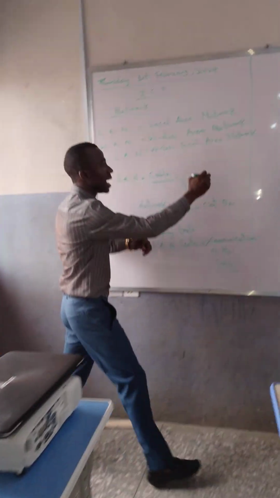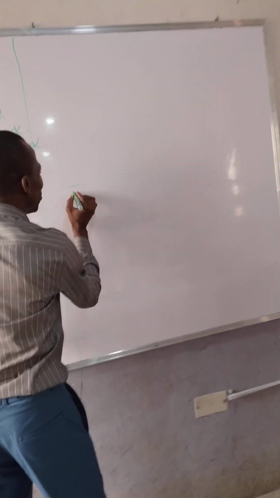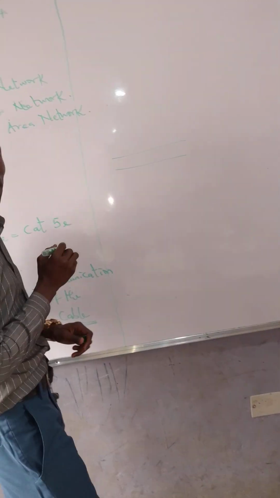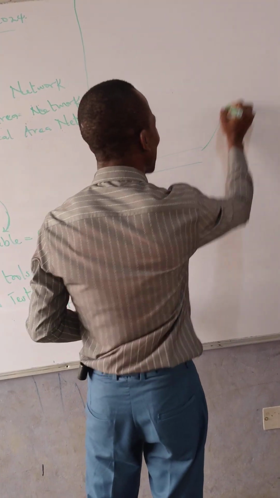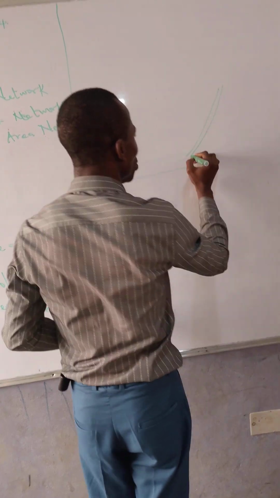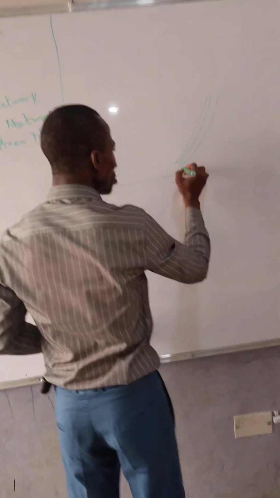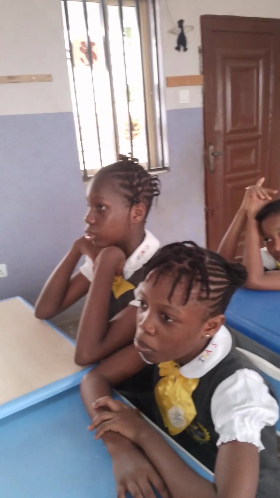As we progress further, this is our cable. And our cable has 8 wires. How many wires? 8 wires.